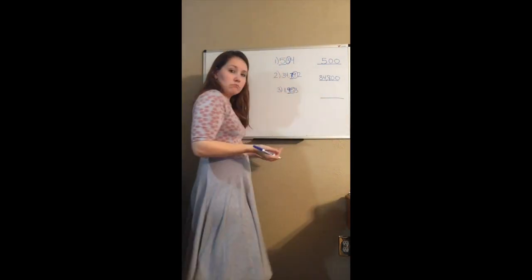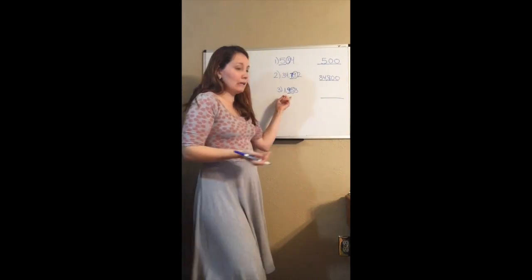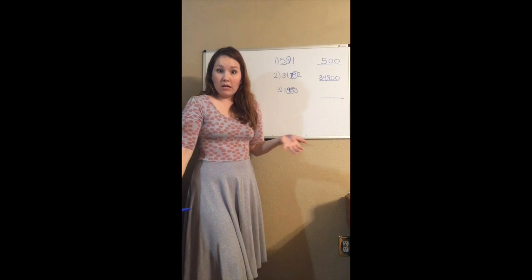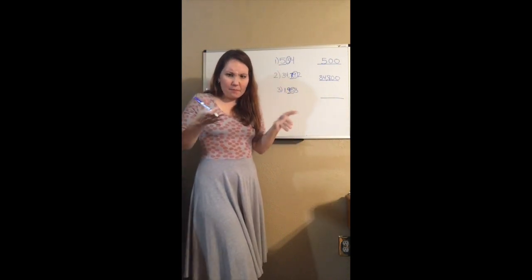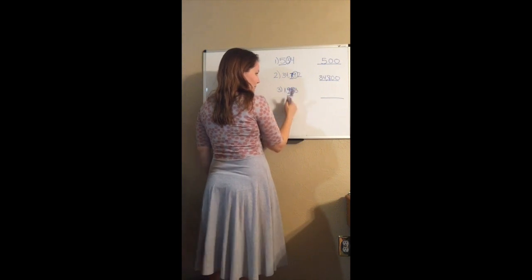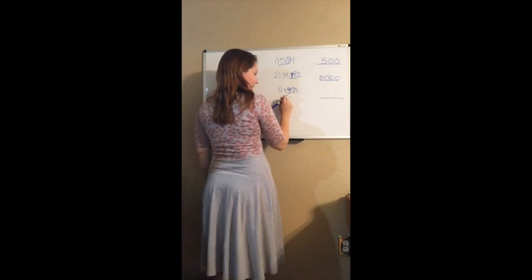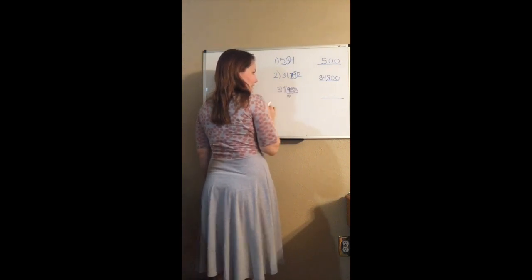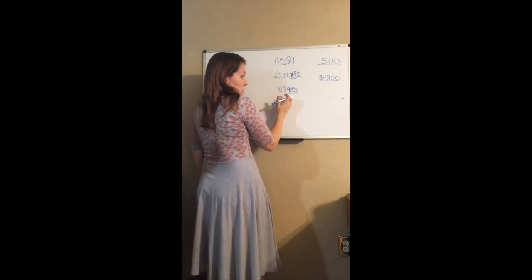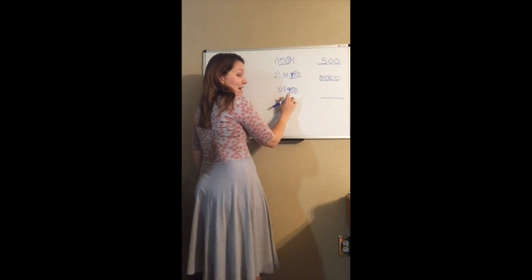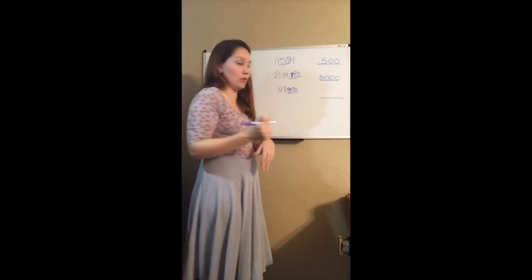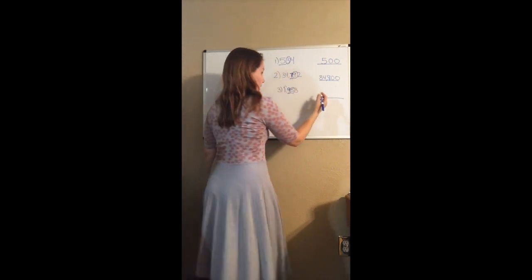Here's where it gets a little tricky. If we have a 9, what's 1 more than 9? Well, 10. How do we write 10 in that place value? When we have a 10, that means the 0 is here, and this 1 is added to this value. So instead of being a 1 and a 9, it becomes a 2 and a 0. We round it all the way up.